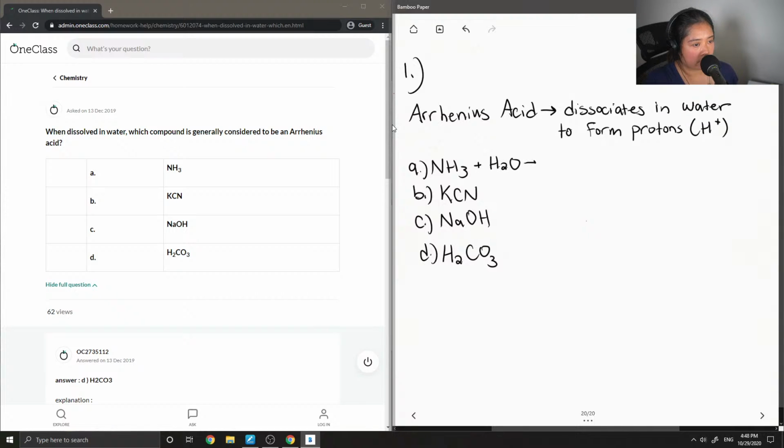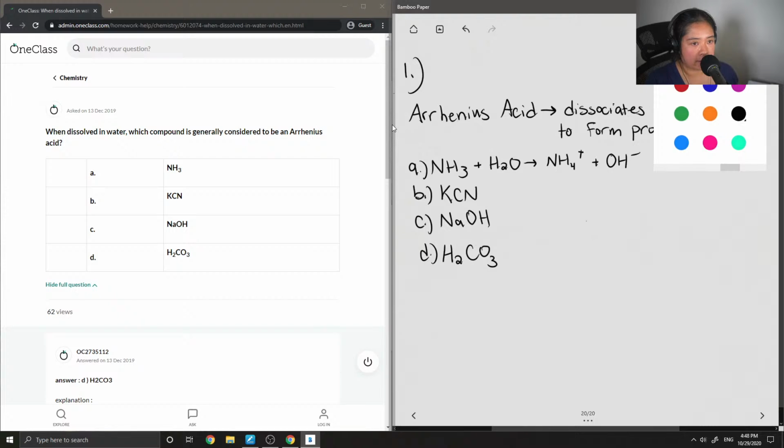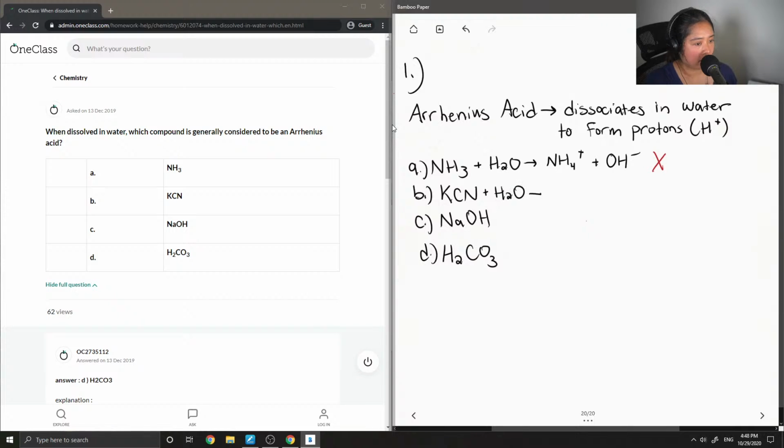So for the first one, when NH3 reacts with water, it actually gets protonated to become NH4 plus an OH minus ion. So this isn't an Arrhenius acid. Let's look at the next one, KCN, potassium cyanide in water.